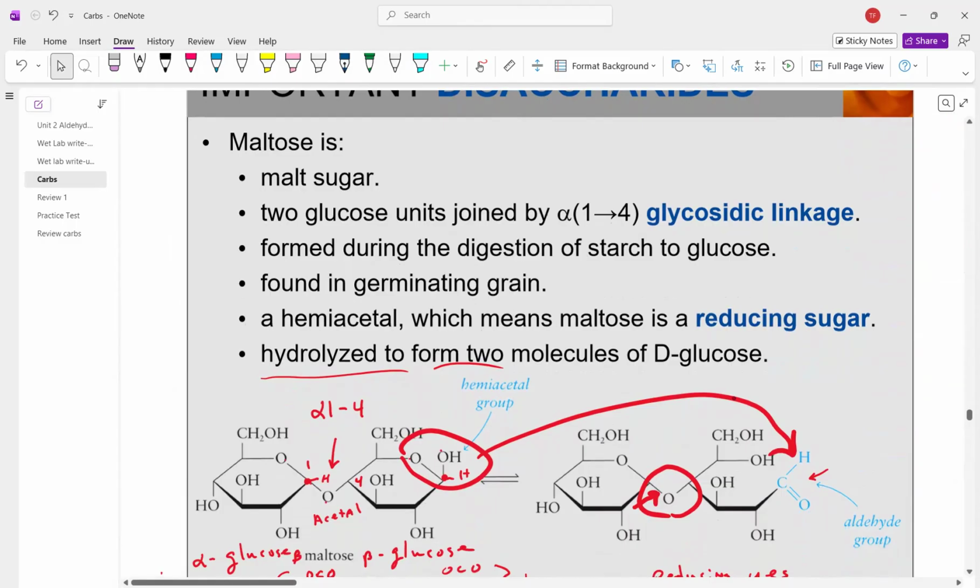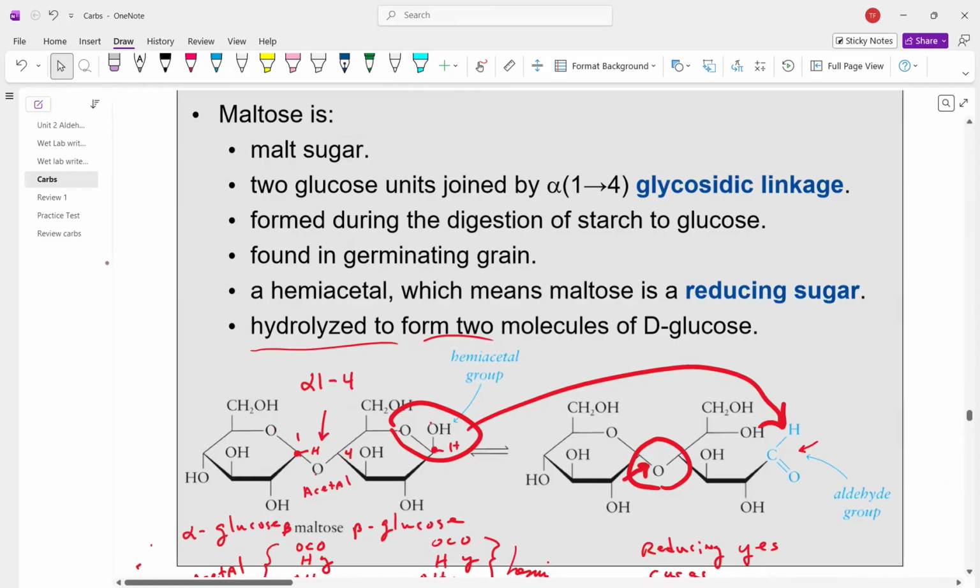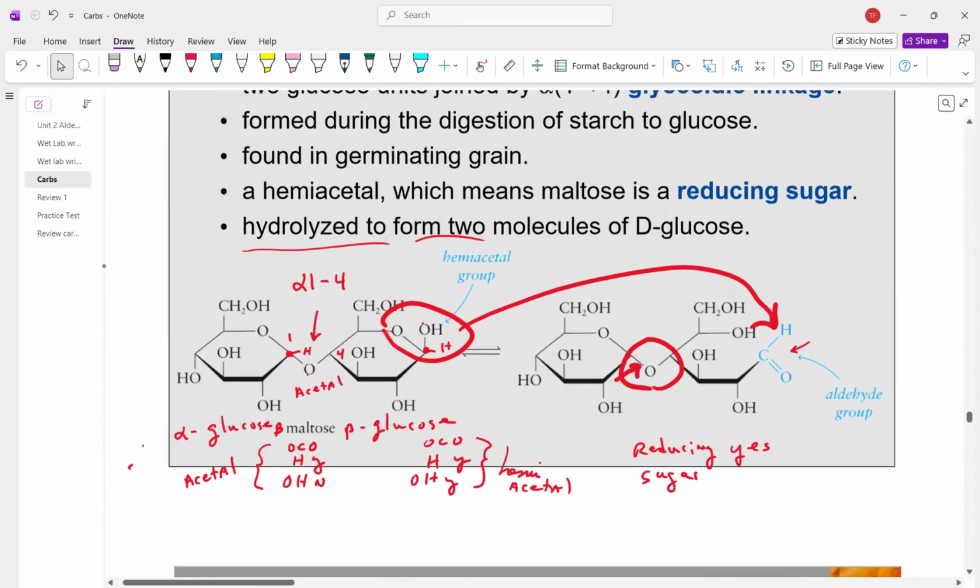Okay, so maltose, two glucoses together. So if you already know glucose, maltose is easy. Just got to remember the linkage between the two glucoses is alpha 1,4. So the thing about disaccharides, they can also be reducing sugars because the right-hand one can open and close.